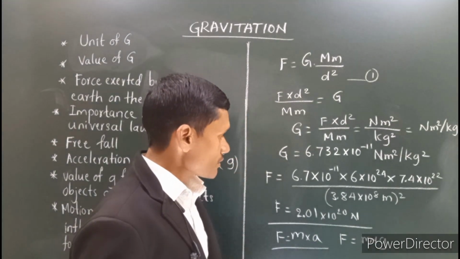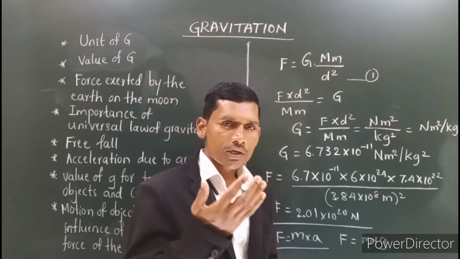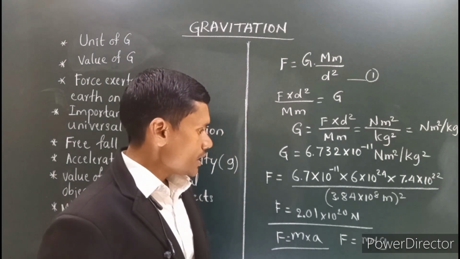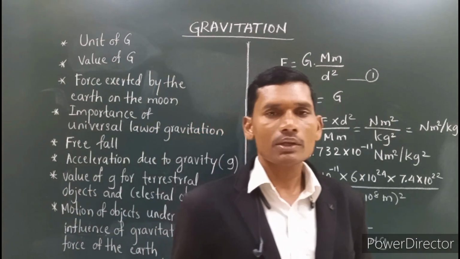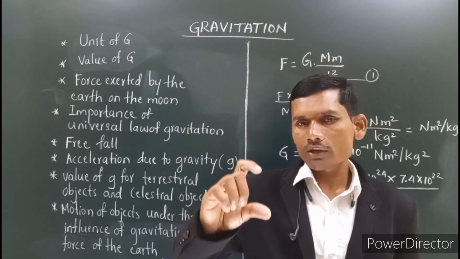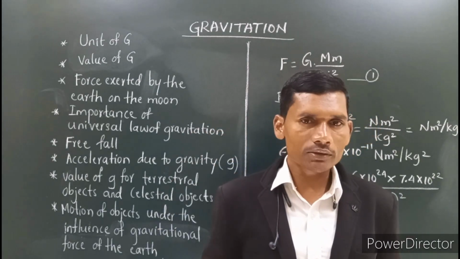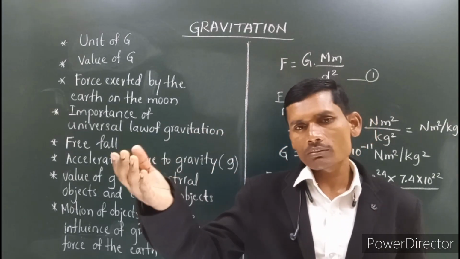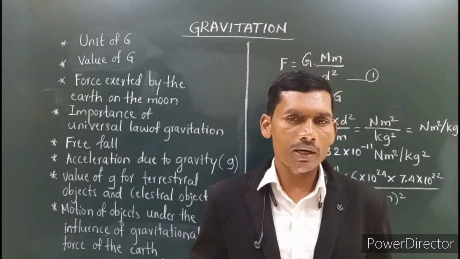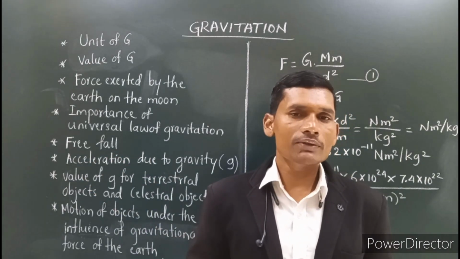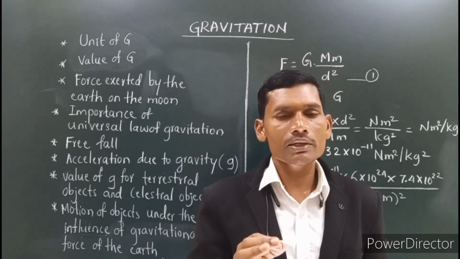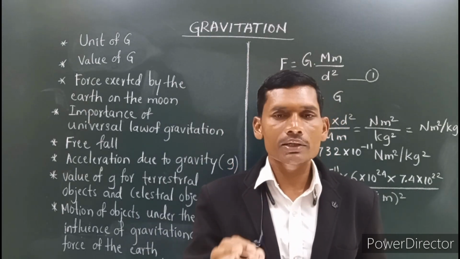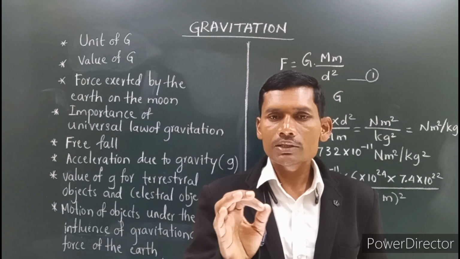And when any object is falling towards the earth, it is independent of its mass. Whether the object is hollow or solid, whether it has higher mass or lower mass, it doesn't matter. Any object falling towards the earth from a certain height experiences the same acceleration, that is g.